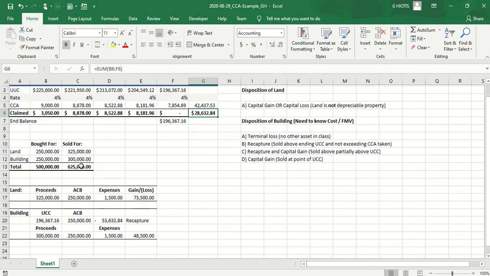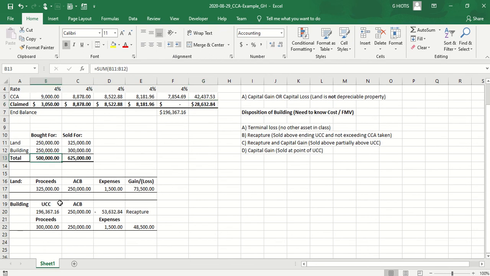So ultimately, I had bought my property for $500,000. Of that $500,000, $250,000 was attributable to the value of the building, and another $250,000 was attributable to the land. And how do you get this breakdown? There are 2 ways.